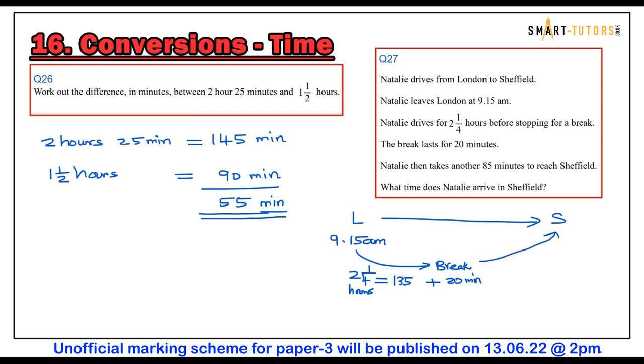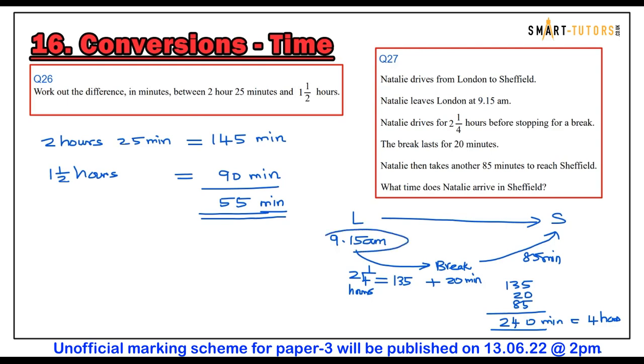So then 85 minutes you travel to go to Sheffield. So 135 plus 20 plus 85, you add this up, 240 minutes. So 240 minutes is equal to 4 hours. Right?